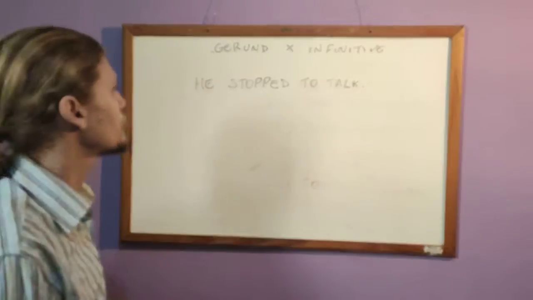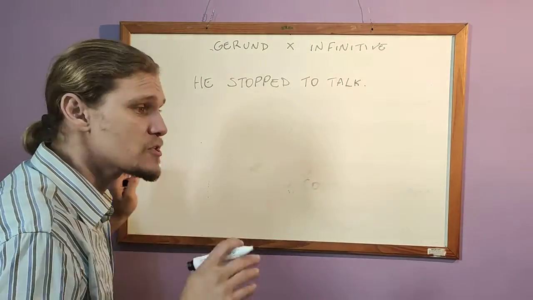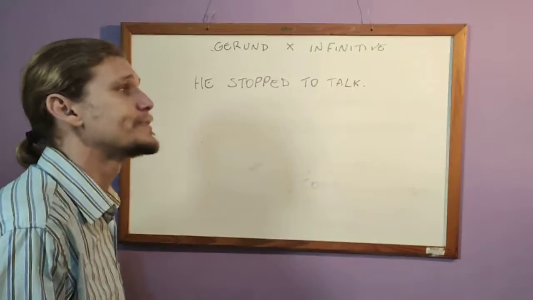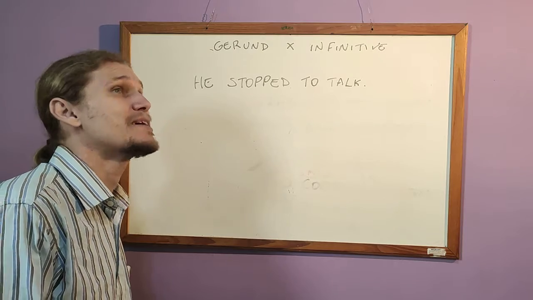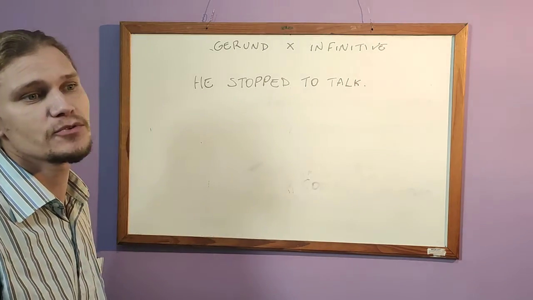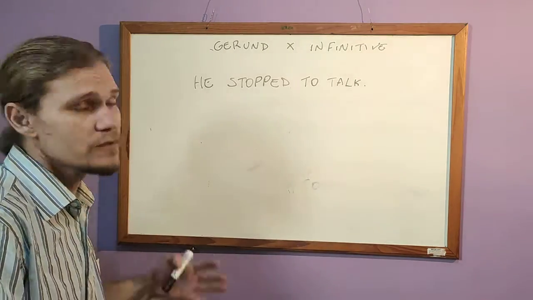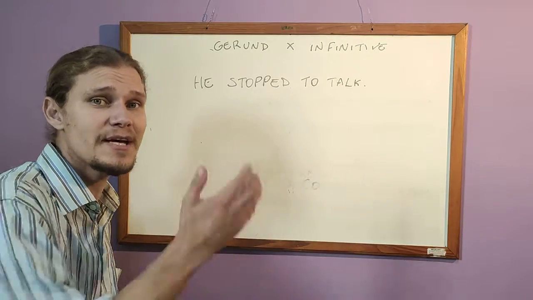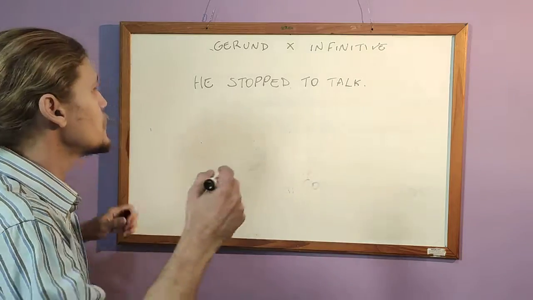Period, okay. This is a sentence. He stopped to talk. He stopped to admire the sun. He stopped to pay me a visit. Doesn't matter. You can add any verb, as long as you know the meaning you want for that sentence. No problem.